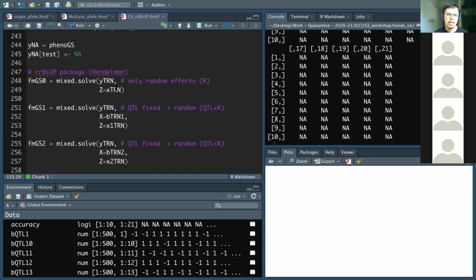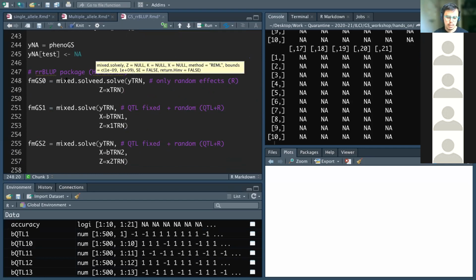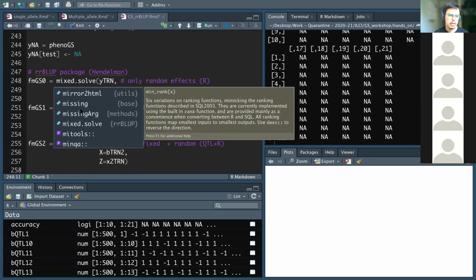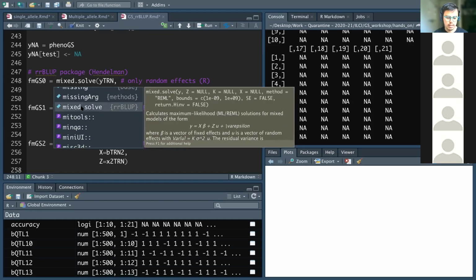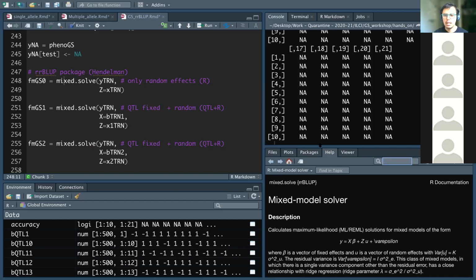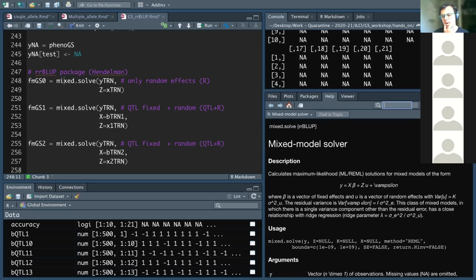After that, you can see that mixed.solve is a function of rrBLUP, so if you need help, you can look in rrBLUP. And if you remember, we discussed this model in the slides. Basically, the phenotype is equal to the fixed effect plus the environmental effects plus the error.